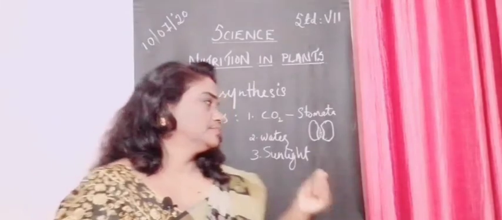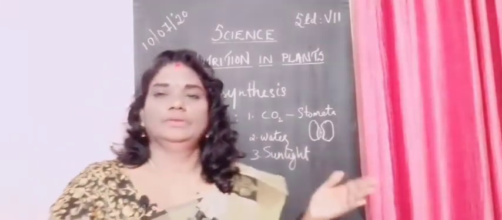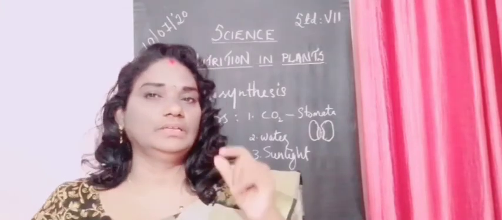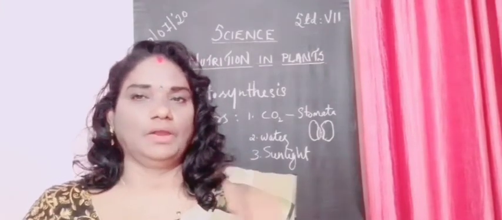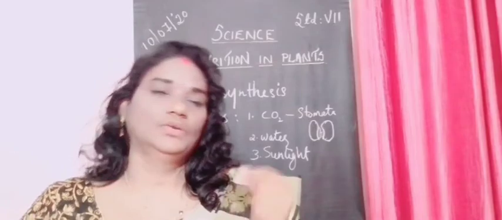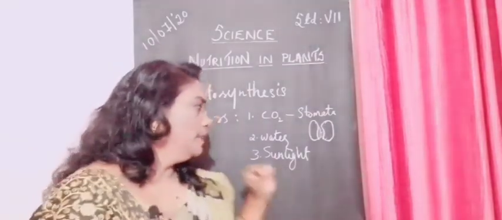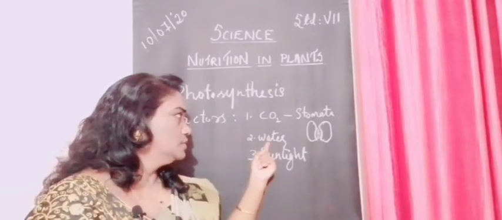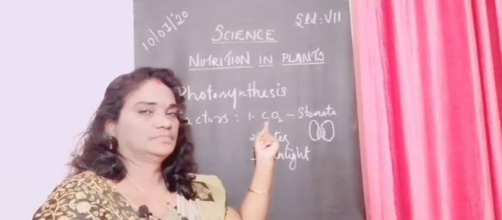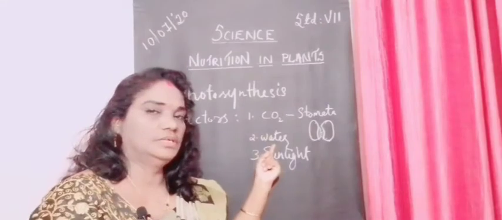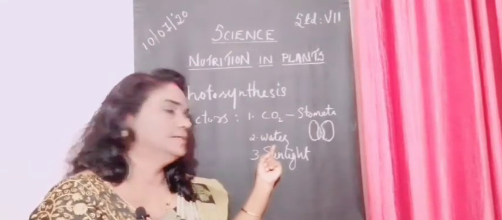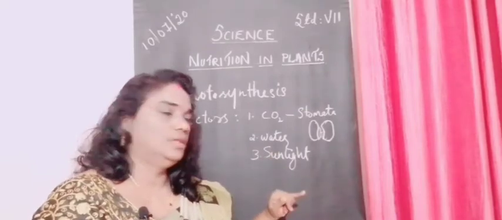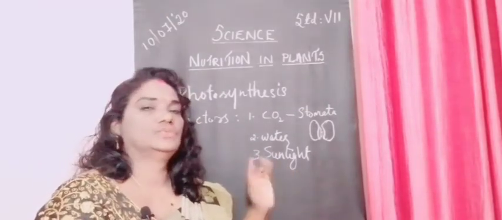I already told you, plants have a green colored pigment in their body, which is known as what? Chlorophyll. By using that chlorophyll, sunlight, water and carbon dioxide, they absorb carbon dioxide and water from outside, and in the presence of sunlight, with the help of chlorophyll, they prepare food.